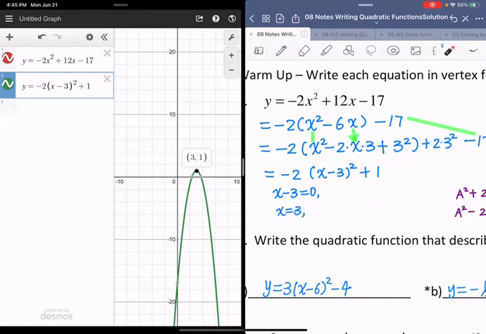When x equals 3, this is 0. That times negative 2 is 0. y equals 1. Okay. So far, so good. And you see here, the graph calculator shows you the vertex is 3, 1.